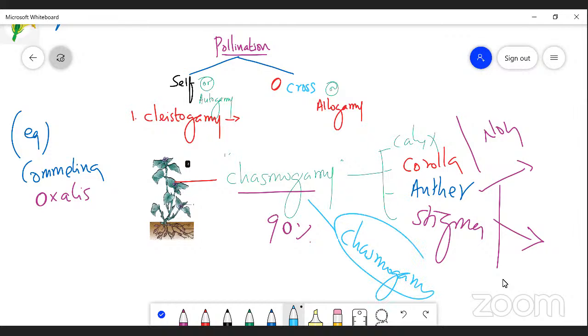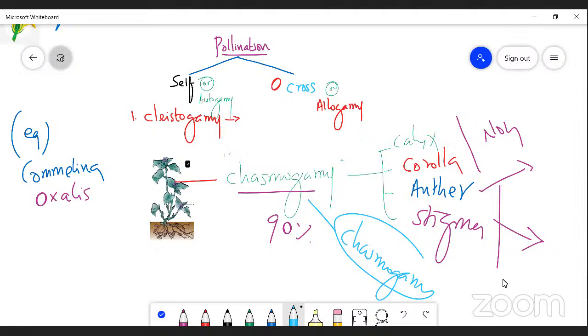Chasmogamous flowers are the kind of flowers involved in chasmogamy. During that time, as I explained very clearly, the floral parts such as calyx, corolla, androecium, gynoecium are exposed, hence the easy transfer of pollen grain from anther to stigma. That is called chasmogamy.